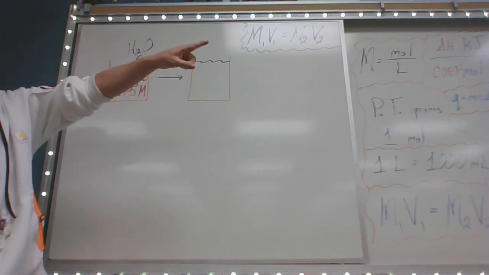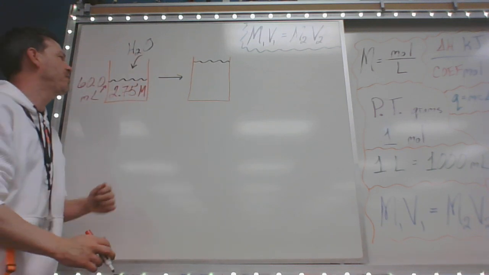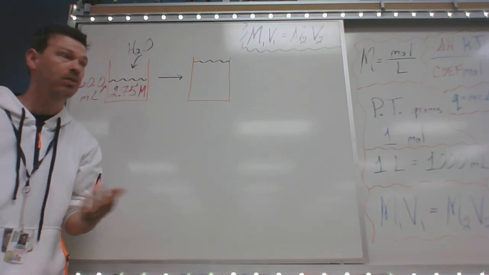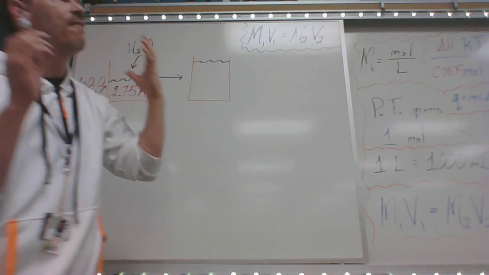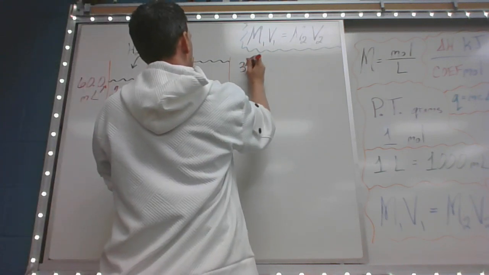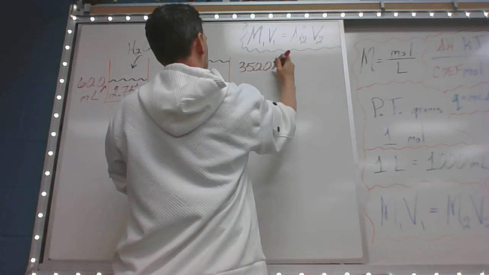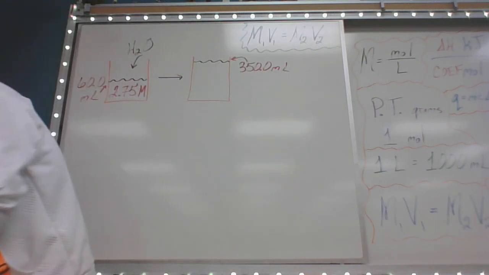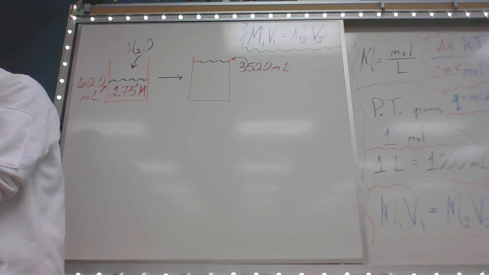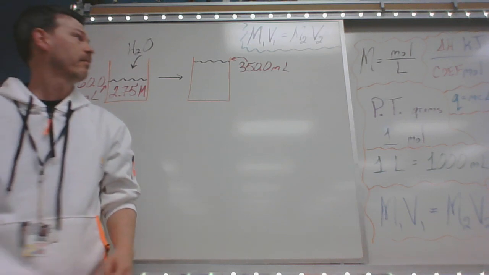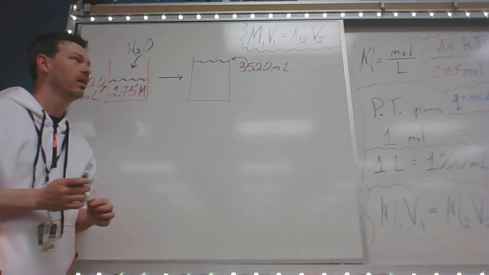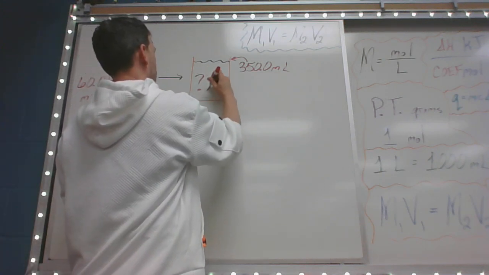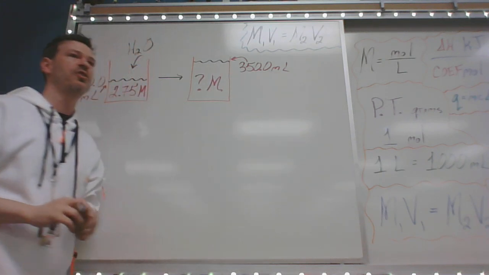What are we diluting it to? 350 mils, which means when you add the water and this line moves up, of course, the resulting volume is 350 mils. The question wants to know, what's the molarity? What's the resulting strength?